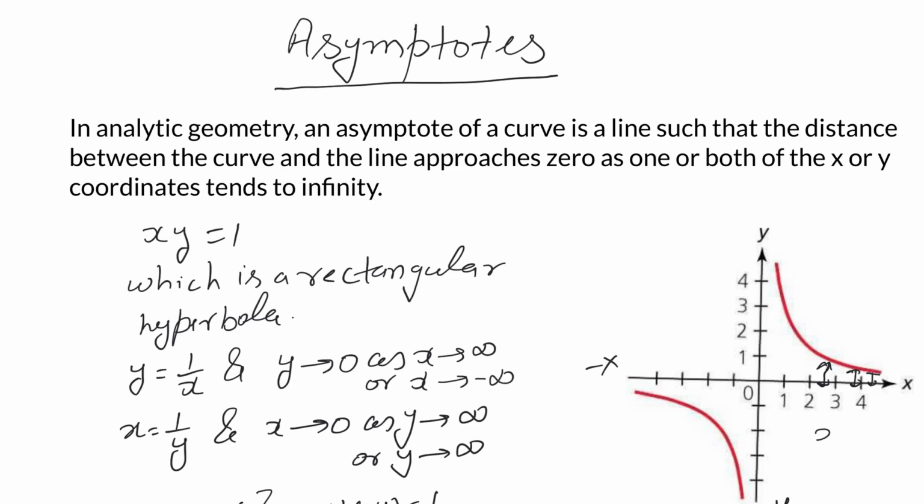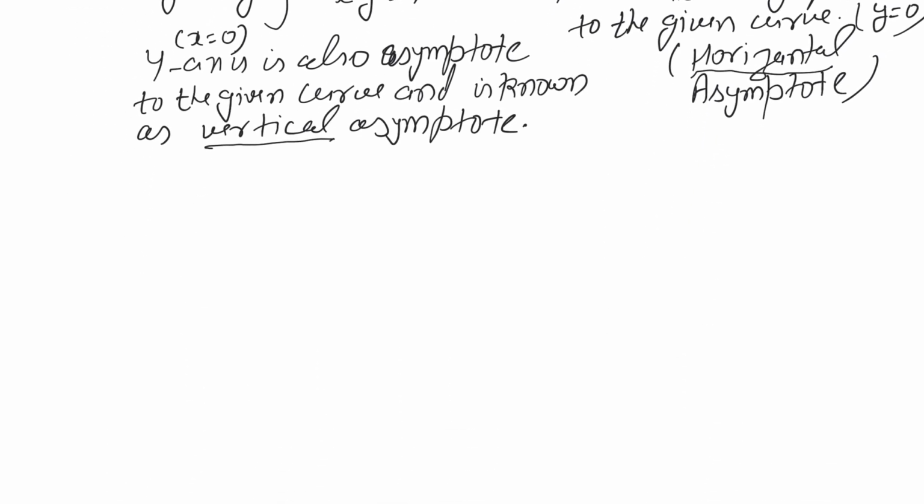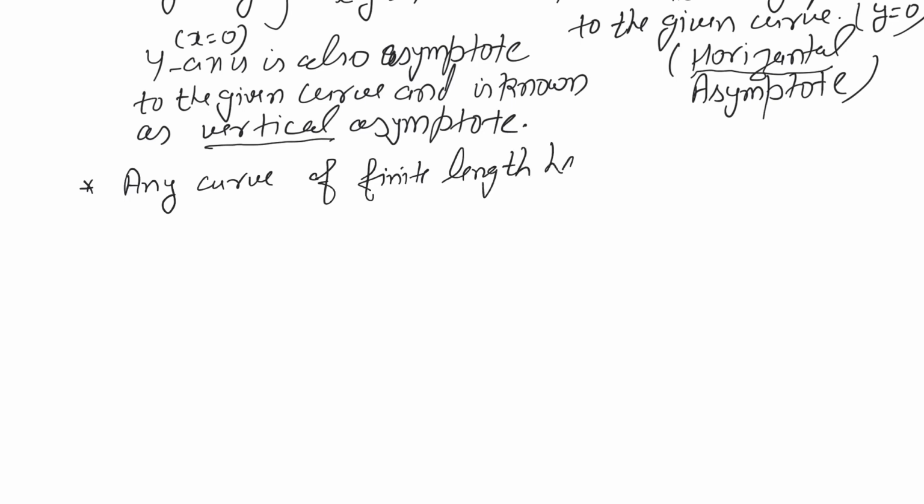So this will help us in inferring an important result, and that result is given by: any curve of finite length has no asymptote.